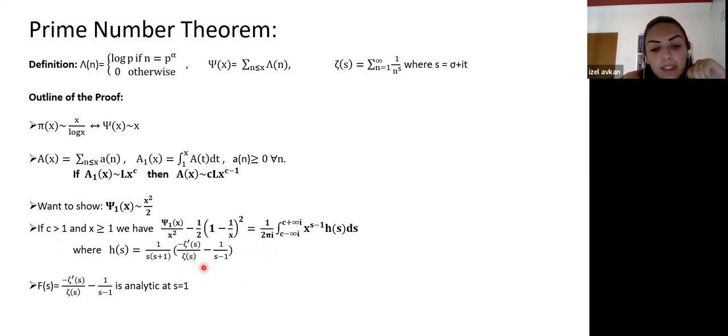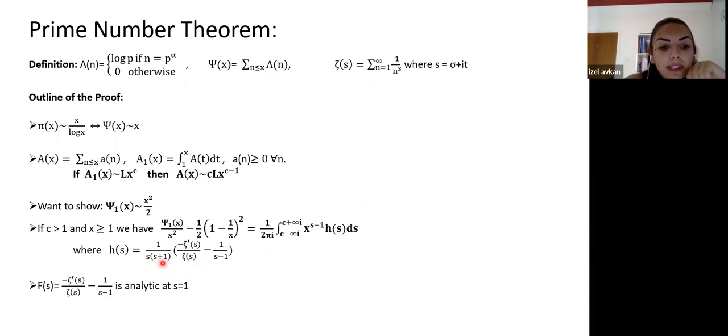Studying the zeta function includes finding the upper bound of the zeta function and its derivative, and finding where its zeros exist and don't exist. The main aim is to show that it doesn't have any zeros on the line sigma equal to 1. So after showing that, we have that f(s) is analytic at s equal to 1.